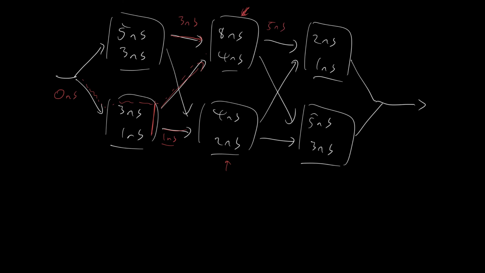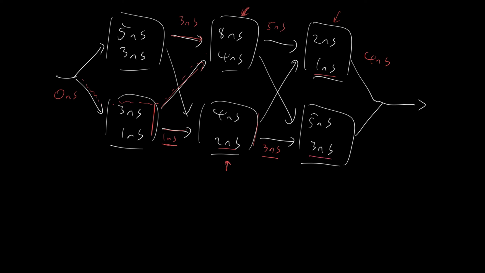Similarly, for the logic gate down here, 1 nanosecond, someone enters it, another 2 nanoseconds, so at time t equals 3 nanoseconds, we have someone coming out of this logic gate. This logic gate up here, the first person to arrive is at time t equals 3 nanoseconds. After another 1 nanosecond, the person's exited at time t equals 4 nanoseconds.